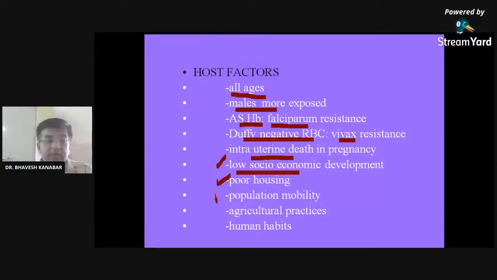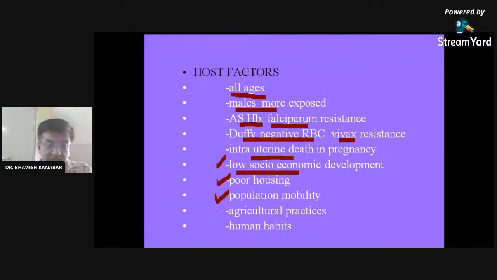Population mobility, migration factor. People are migrating from industrial areas to village areas. Like in the case of the lockdown, there was lots of migration. They can carry plasmodia along with them in their blood, and in that area mosquitoes may get infected.